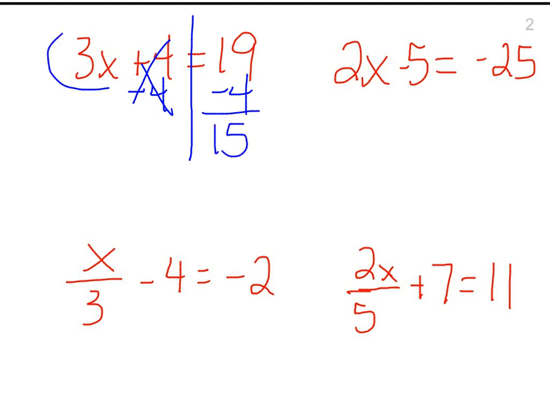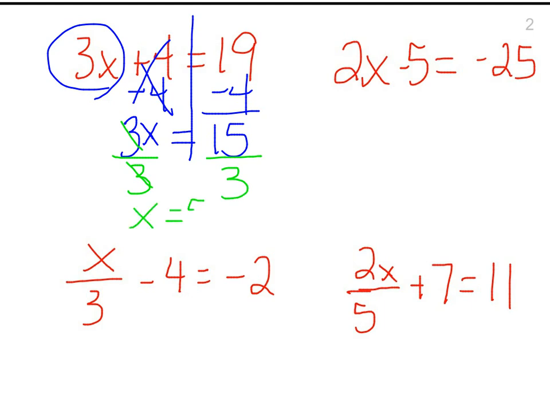What's left on the left side is this 3x. I'm going to bring that down right here. And now I see that I have a multiplication equation, and the way that I solve that is by dividing by 3. That cancels out my 3. Come over here and divide by 3. And now I have x equals 5, because what's left over here is the x. And that is your solution.